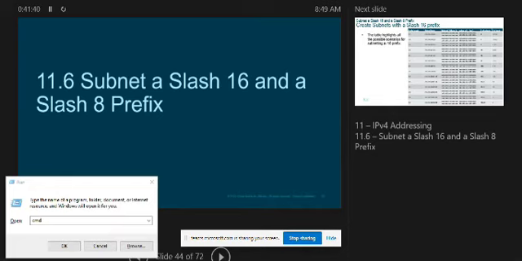Because if I change any of these bits here that belong to the network, I'm jumping networks. So you're either going to have this all zeros, or zeros and ones, or all ones, or ones and zeros.